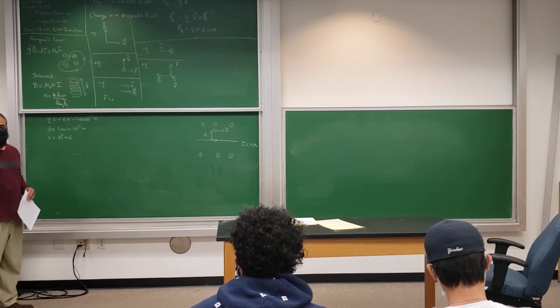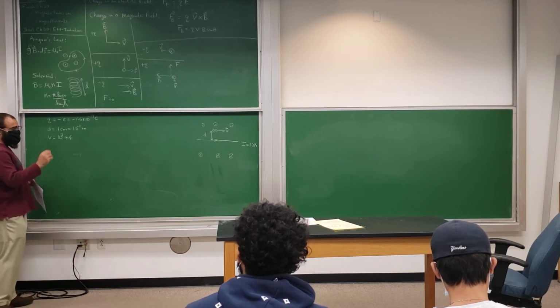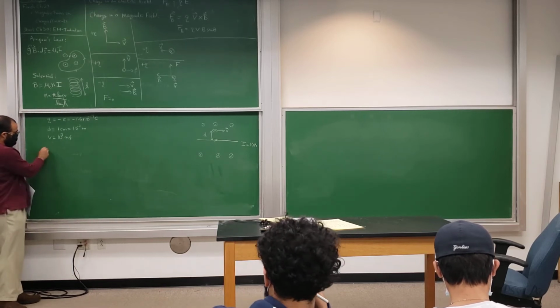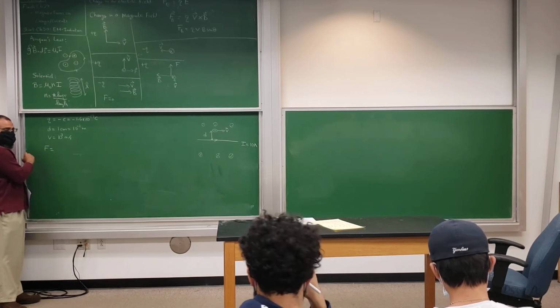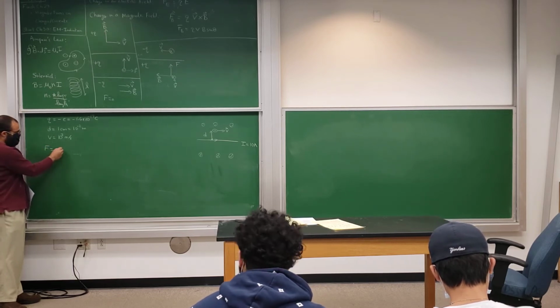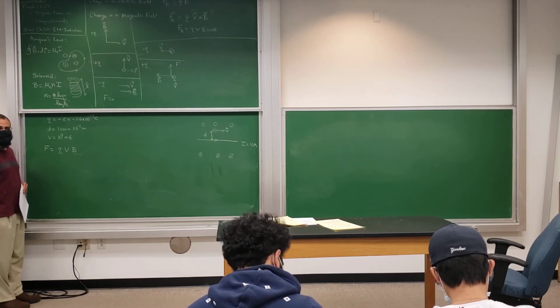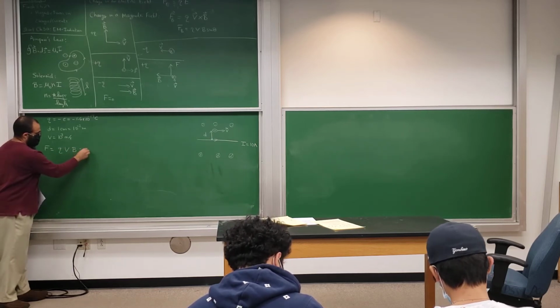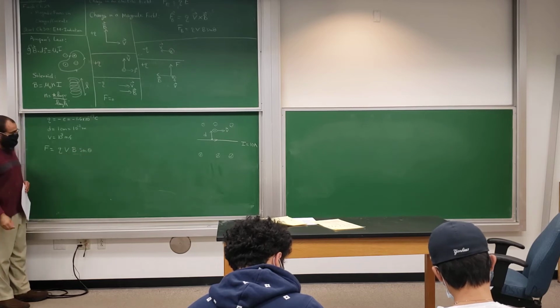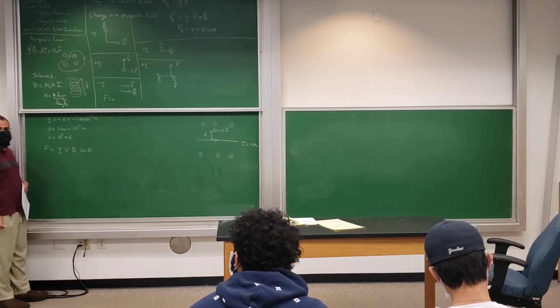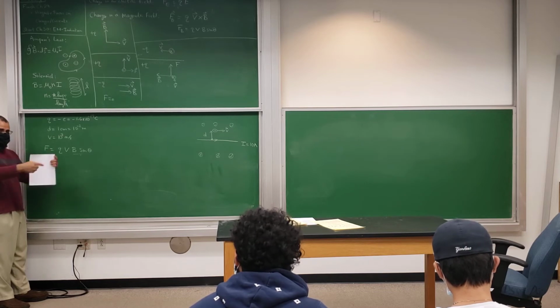Next, how much is it going to be? We figured the direction, so now the magnitude. The force will just be Q times V times B times the sine of theta. But theta is 90 degrees, right? The velocity is this way, the magnetic field is this way.